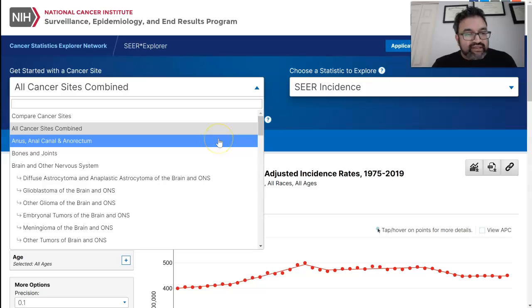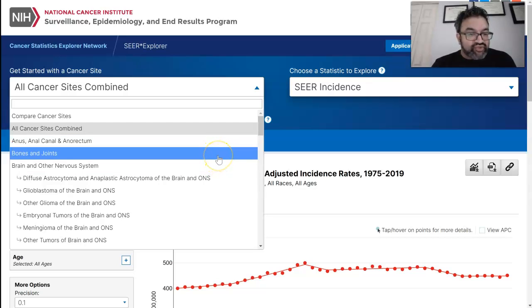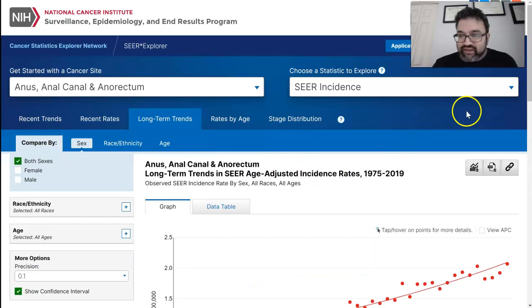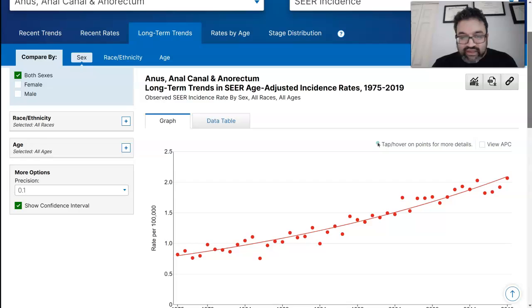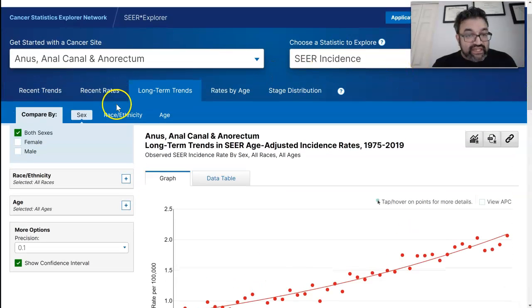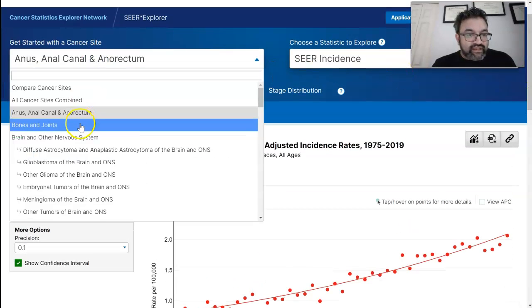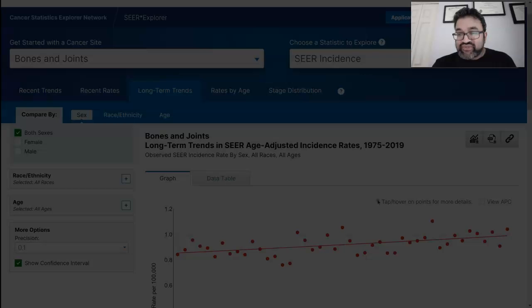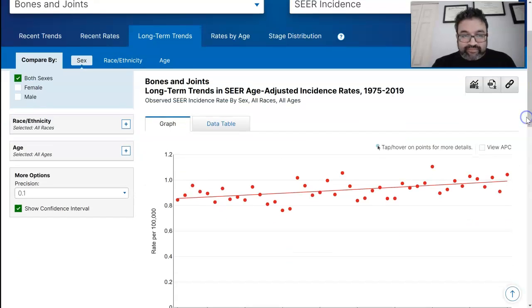We start off by looking at the anus, anal canal, and anal rectum cancer. And then you go down into the bones and the joints. The rate of anal cancer has increased. And then bone cancer also has increased, not as drastically.